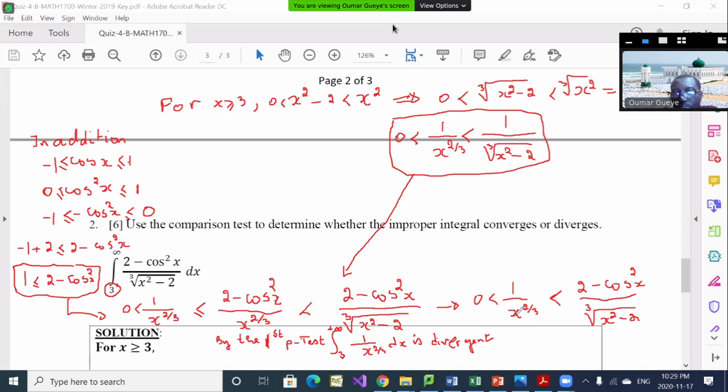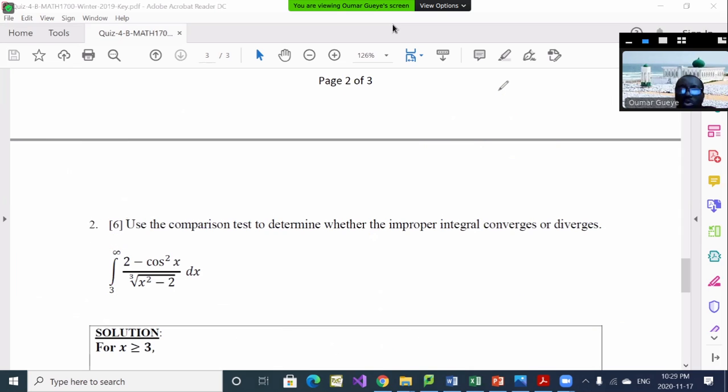But if the integral of this function is divergent, it means the integral of this function is equal to infinity. That's the meaning.